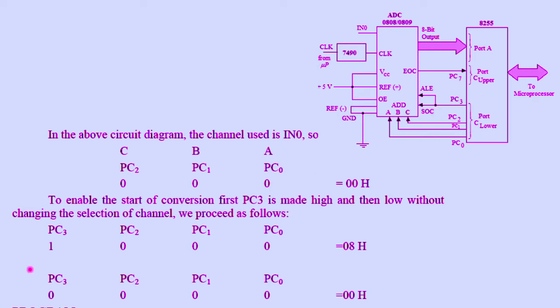So first of all we'll keep it 1. For that, the port C control word will be 08. But when we want PC3 to be 0, the control word is 00. So first we have to send 08 to port C, thereafter we have to send 00.